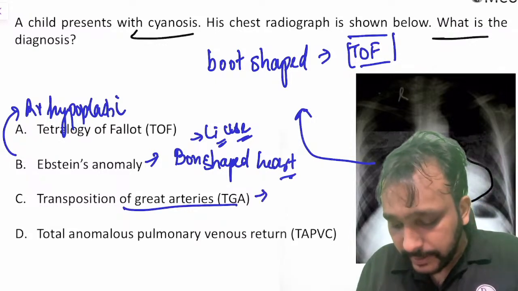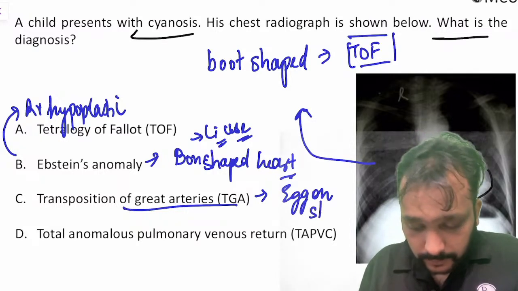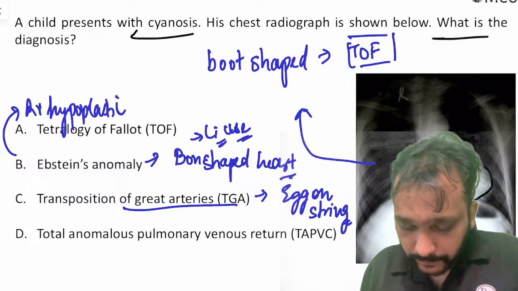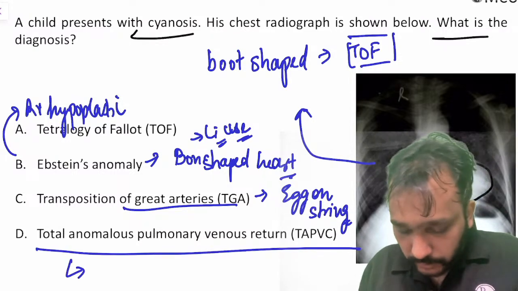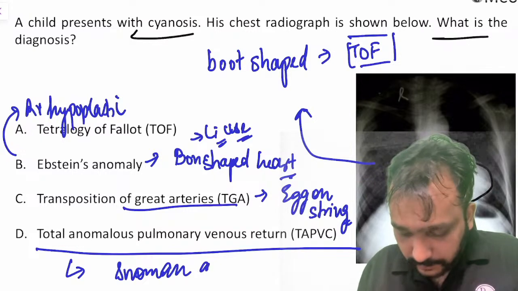In transposition of great arteries, you are going to see egg on string appearance. In TAPVC, you are going to see snowman appearance, right?